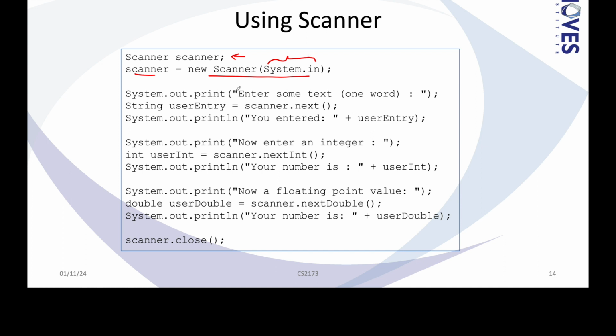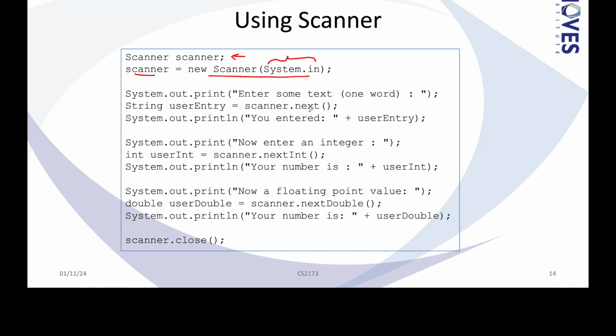Okay, so here we're going to give a prompt, and actually you've been seeing println. I can also use print as a statement. What's the difference? Print will not go to the next line. So say enter some text, one word, and then I'm going to read it in.